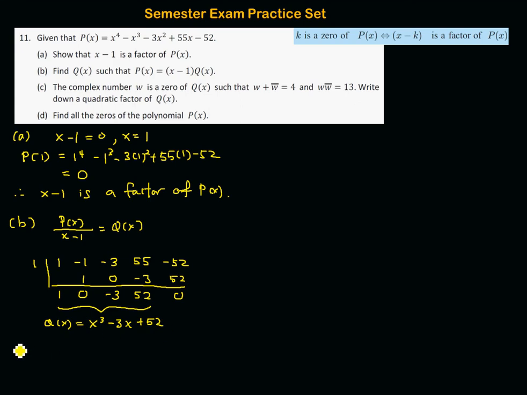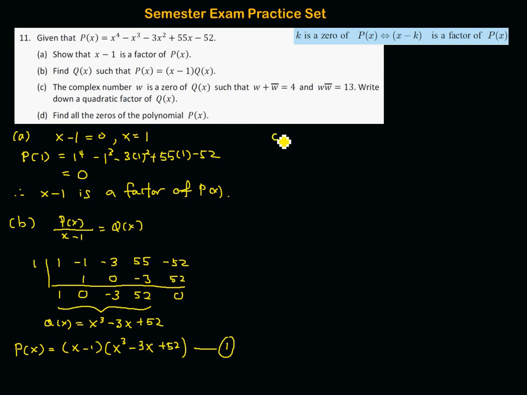I'm going to state this out: p(x) is therefore equal to x minus 1 times x cubed minus 3x plus 52. I'm going to refer to this again, so I'm going to call this equation 1.